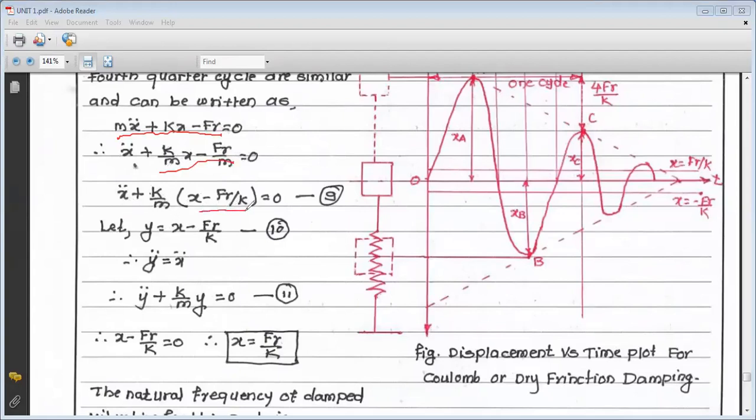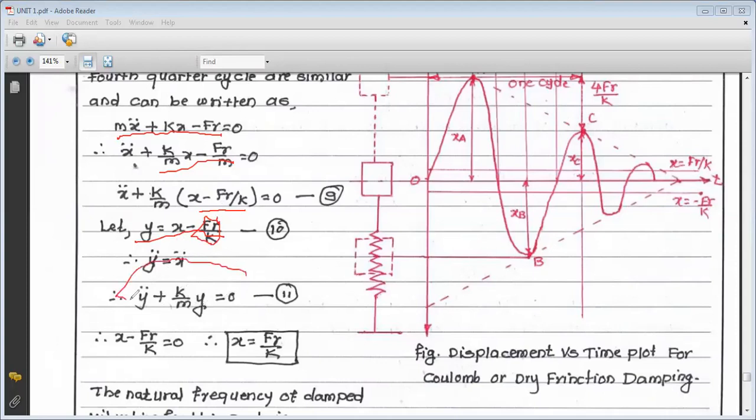Again the same, put the value of y as x minus FR upon k. If we differentiate this with respect to t, we get y dot as x dot and y double dot as x double dot, because FR upon k is constant, so that becomes 0. So y double dot plus k by m into y is equals to 0.